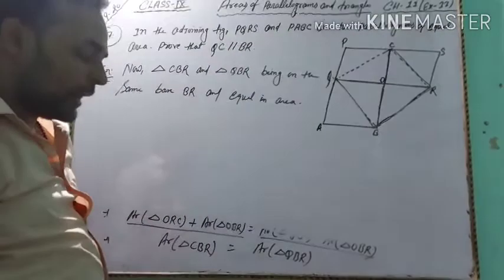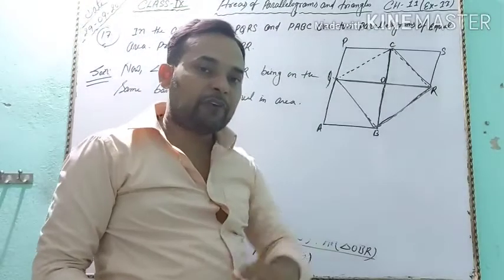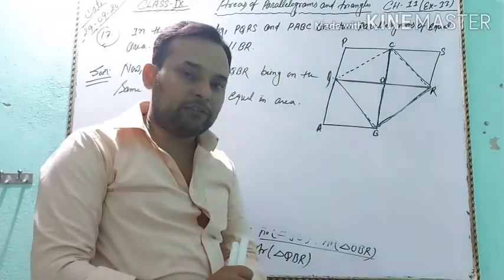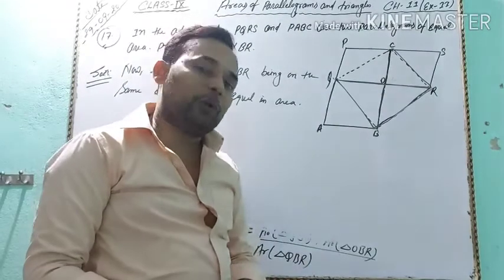Students, we know that two triangles on the same base and lying on the same parallels are equal in area.